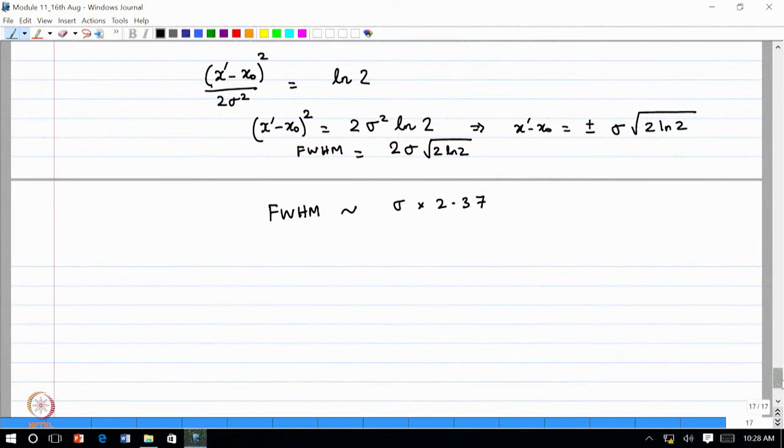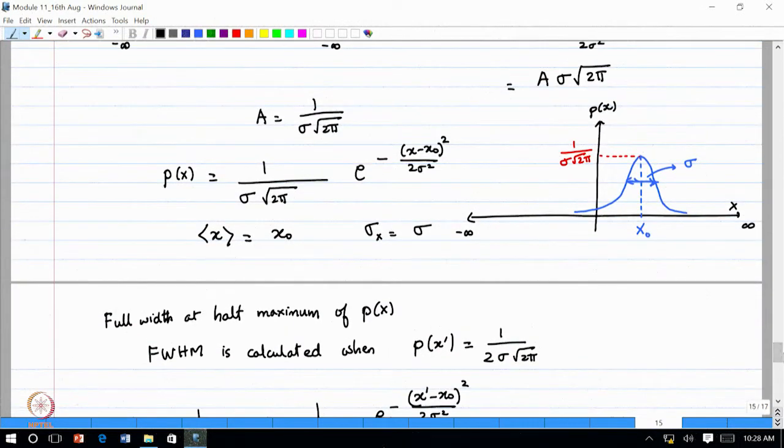So essentially this spread at full width at half maximum is of order 2 sigma, approximately sigma times 2.37. So in other words, it is proportional to sigma, and it is some small multiple of sigma.